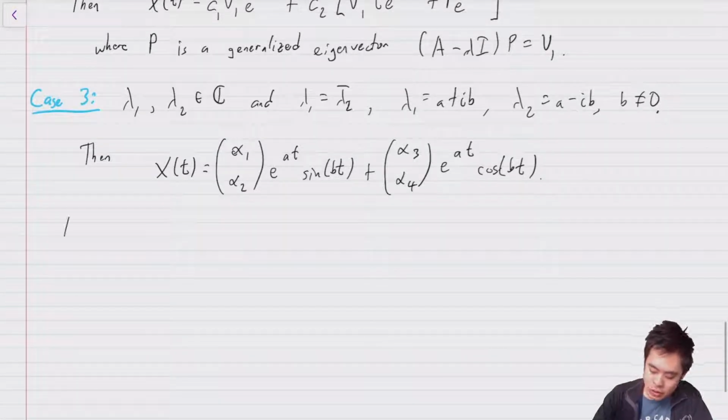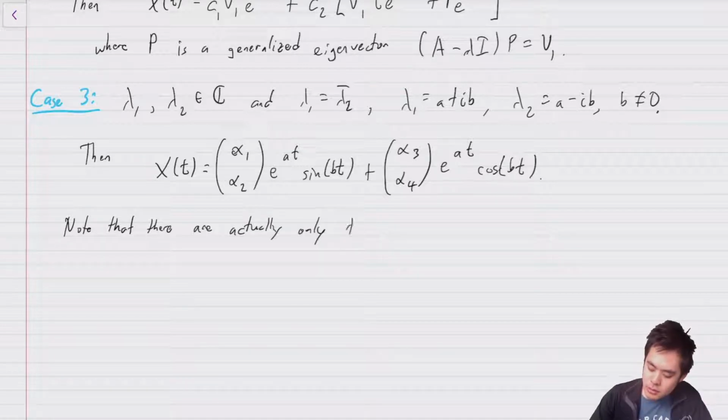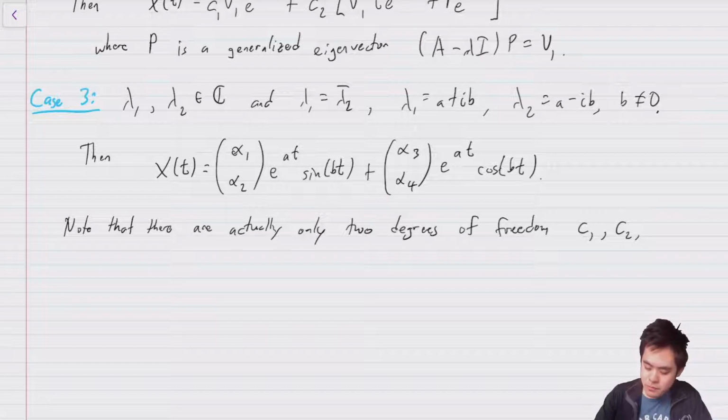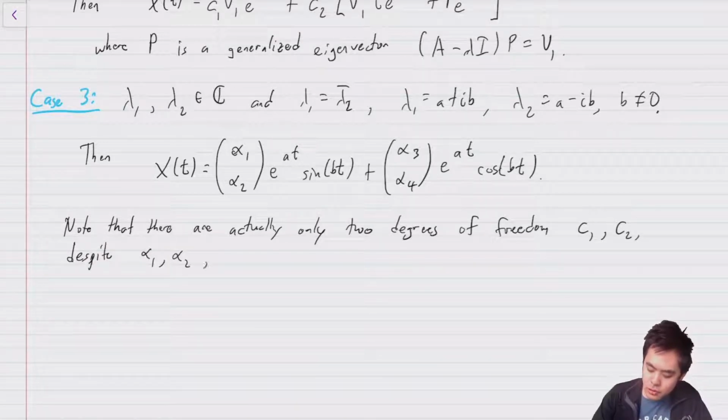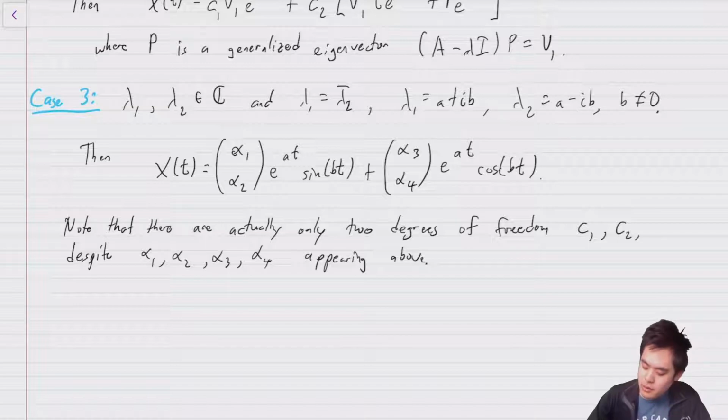Okay, and note that there are actually only 2 degrees of freedom, c1 and c2, despite alpha 1, alpha 2, alpha 3, and alpha 4 appearing above. And we can use Euler's equation to see this.